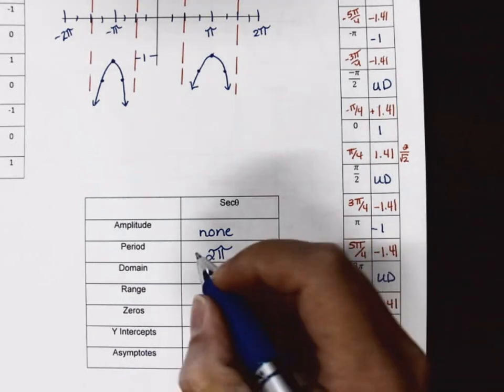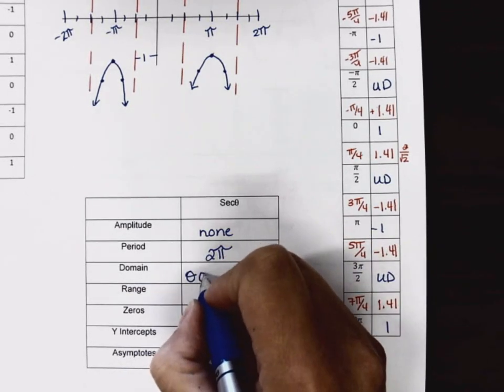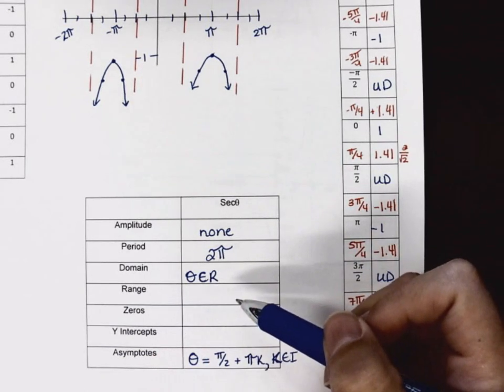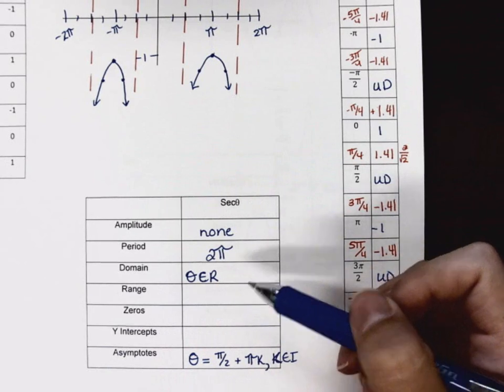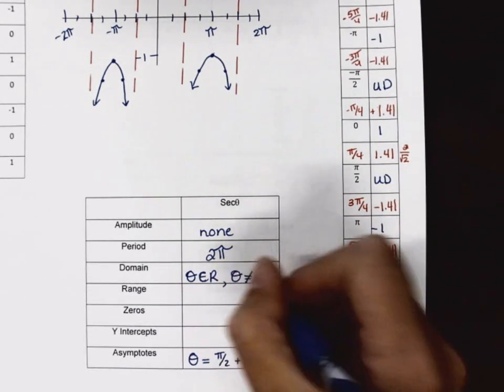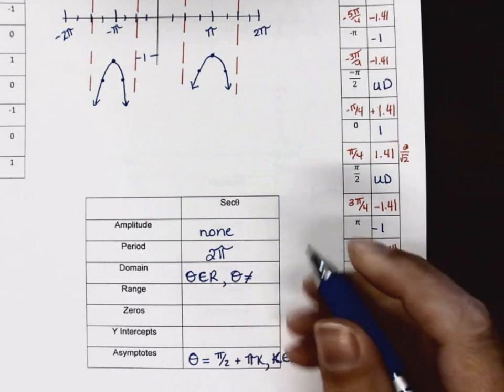All right, so I'm going to go back to my domain. So theta can be any value on the domain. So theta is an element of the real numbers, or if you want to put negative infinity to positive infinity, that works too. But theta cannot be equal to where we have those asymptotes.